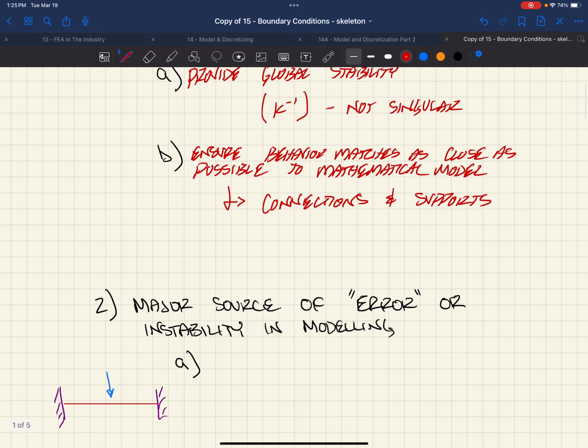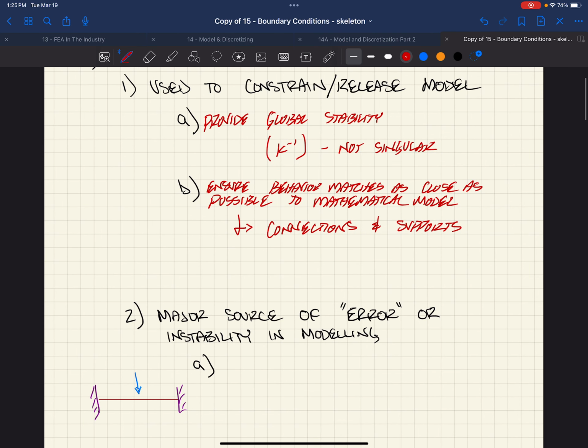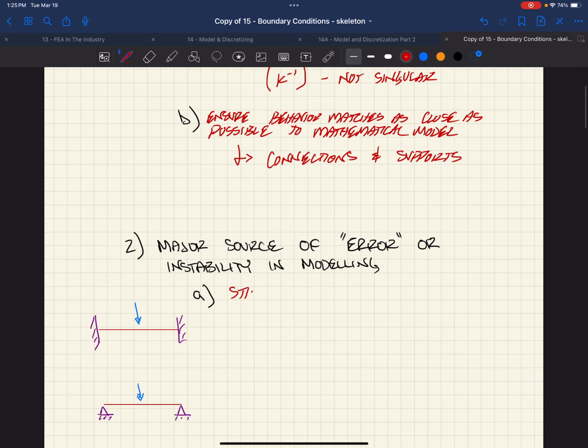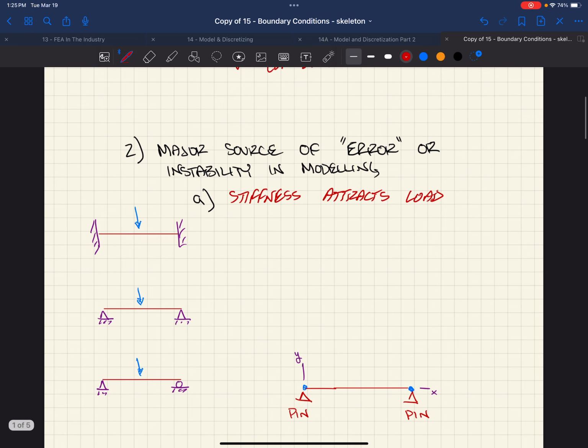Major sources of error or instability in the model come from our boundary conditions, right? So stiffness attracts load. Everyone's heard that before. Okay, so over-constraining the problem can result in inaccurate load path, right?